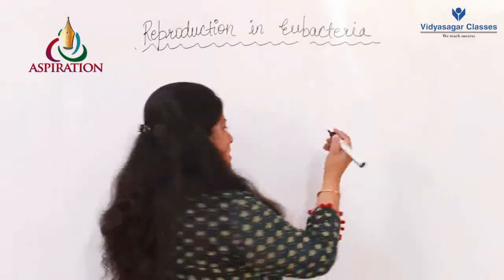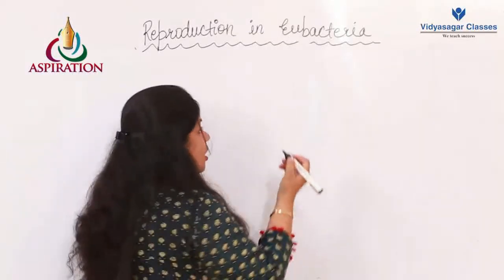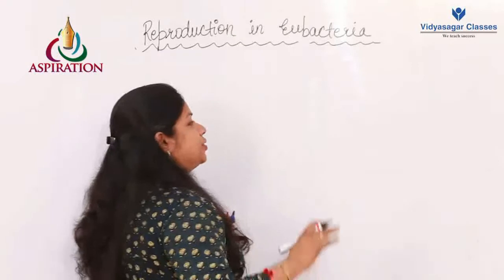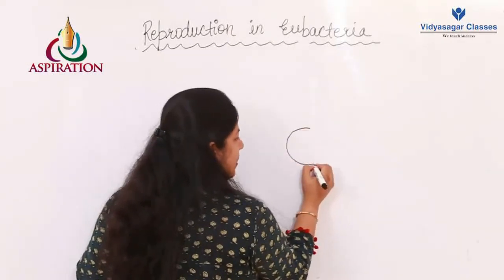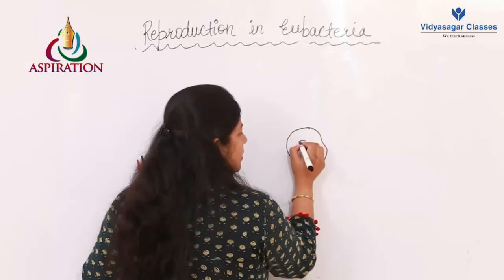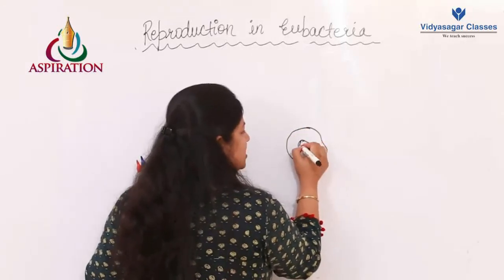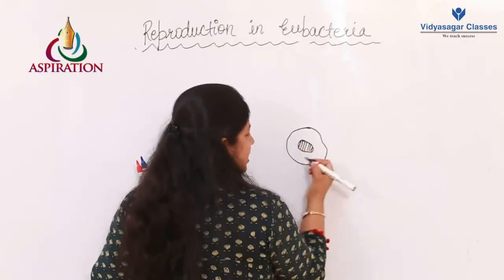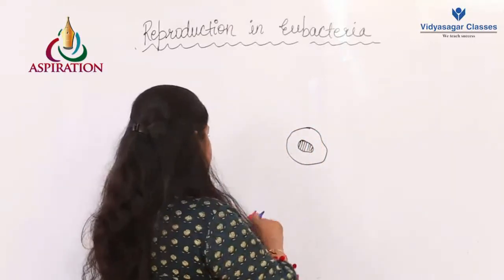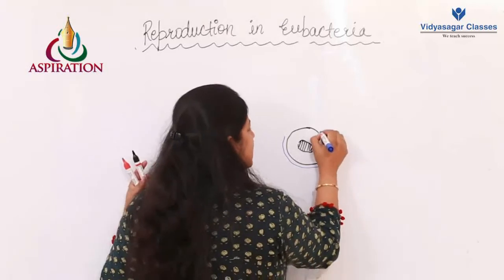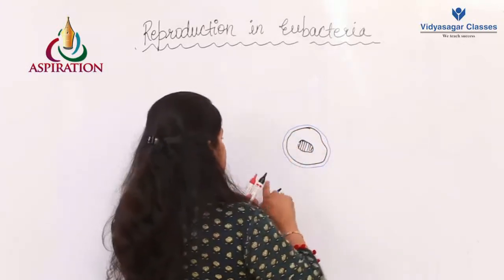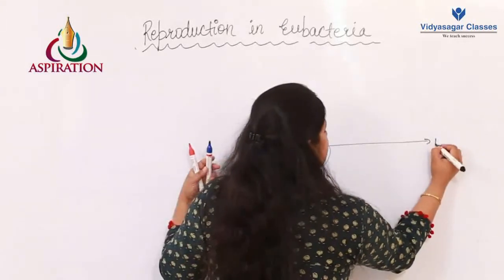Now let's see the structure of the endospore, which makes it resistant to harsh conditions. This is the cytoplasm, which contains the nucleus.